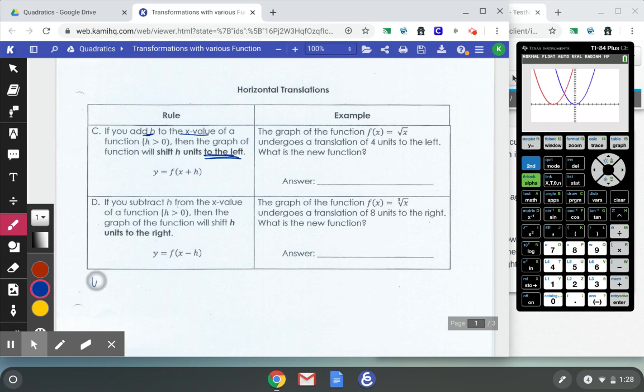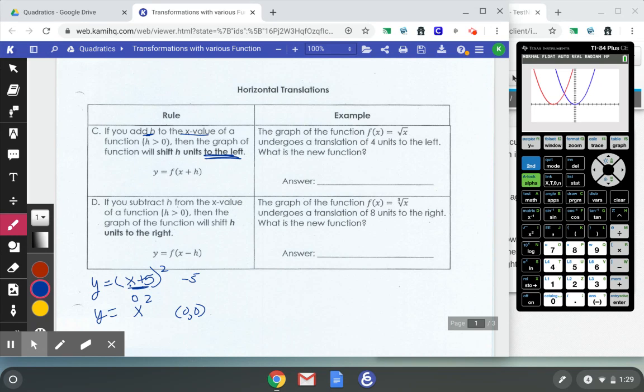If I have the equation y equals (x plus 5) squared, my parent function initially starts with y equals x squared, so 0 squared is 0, 0. This is saying I'm going to add 5 to my x first before I square it. So in order to bring this back to that parent function, back to 0, 0, what does x have to be? x has to be negative 5. It's shifting it to the left 5 units.